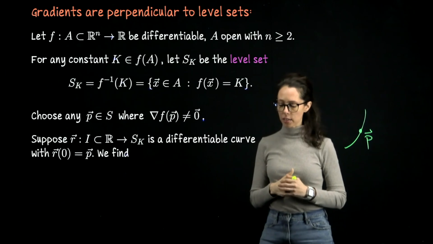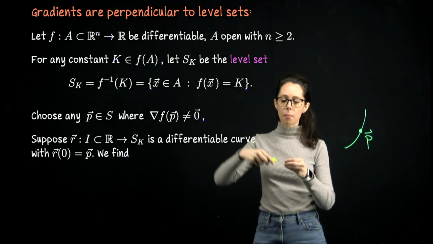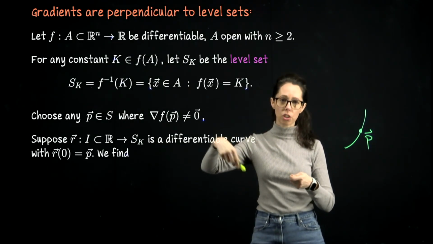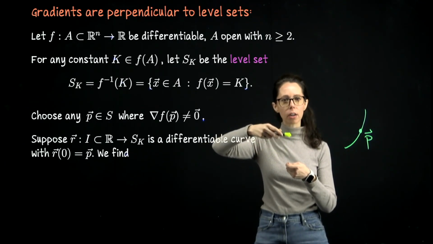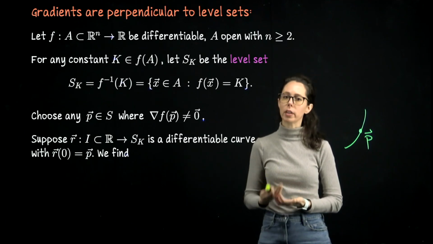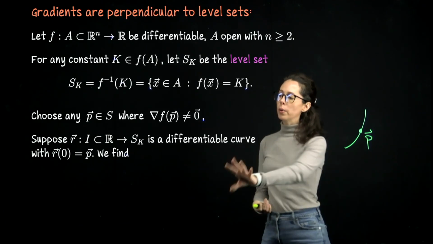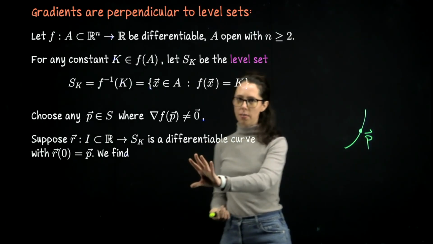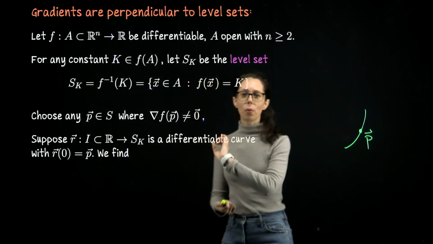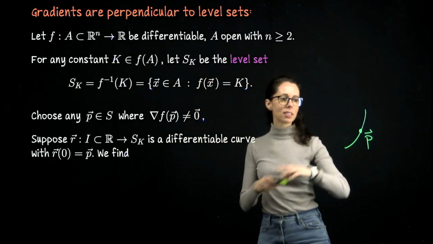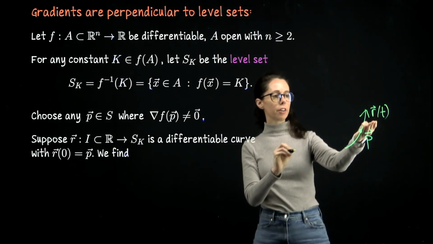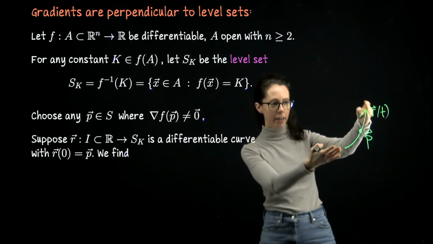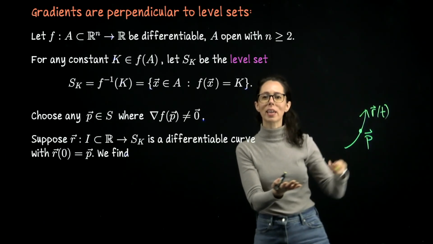So going back to those concentric circles, you could imagine parametrizing the entire circle, if you like, and calling that R, or you could just parametrize an arc of the circle passing through the point where you're interested. I don't want to spend too much time on justifying that you can do this. So if you're wondering, how do I even know that there is such a curve, R of t, a parametrized curve, passing through P entirely contained in the level set? How do I even know I can do that?